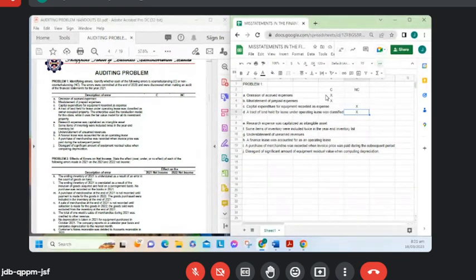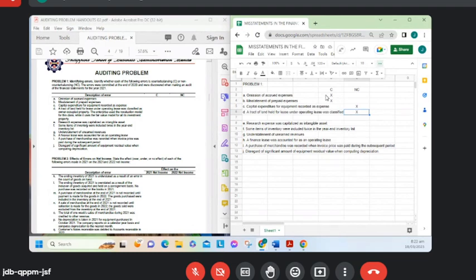But what the entity did is it classified it as owner occupied, which is an error, right? So what's the effect of that? As if it's an owner occupied property, the recorded amount of land is at cost or at revalued amount, where in fact it should be recorded at fair value, under the fair value model.